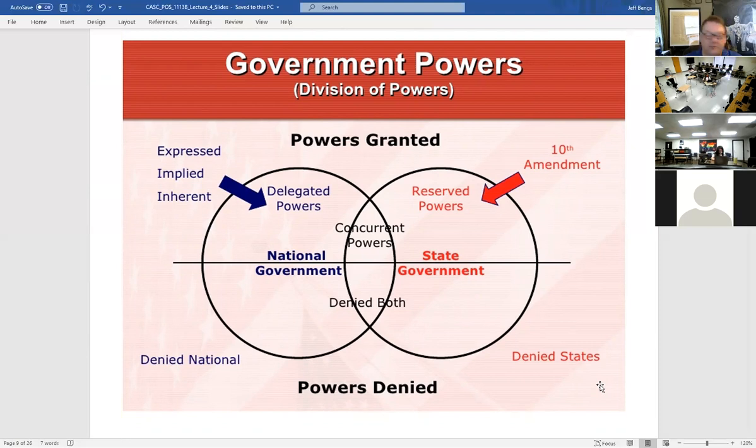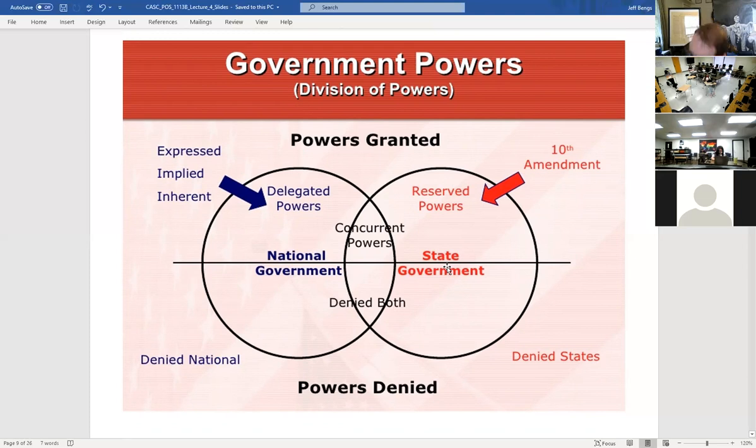The founders set up a government in which there were granted powers and there were denied powers. These circles are illustrative: this circle here is the national or federal government, and this circle here is the state government.